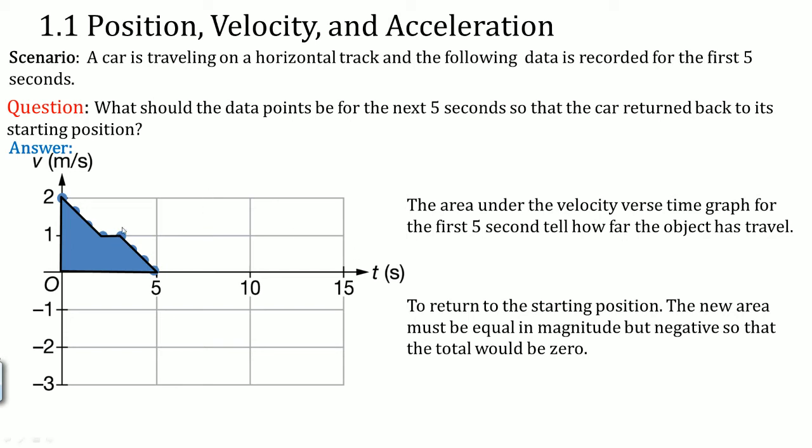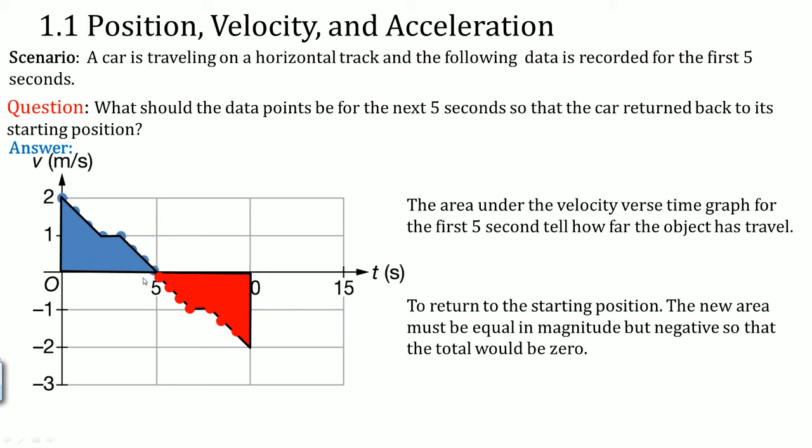So the area for the blue added to the new area, which is going to be in red, together they make 0. That demonstrates that it returns to the starting position. So that's why the points that I am graphing here on this area are the same as the points for the blue.